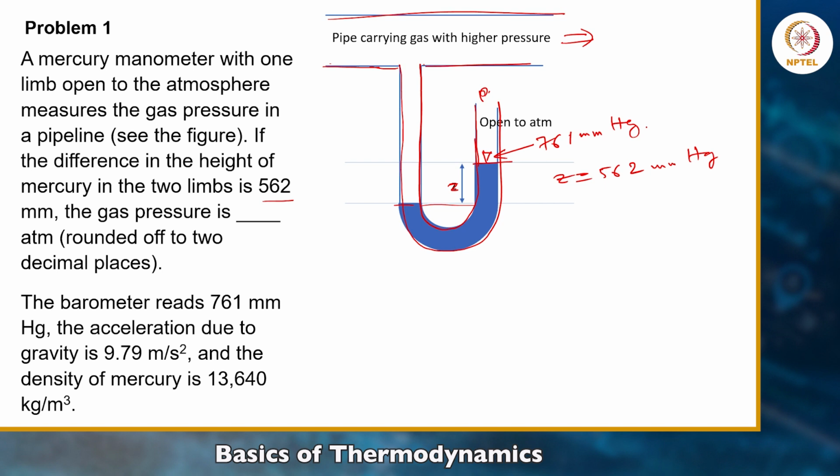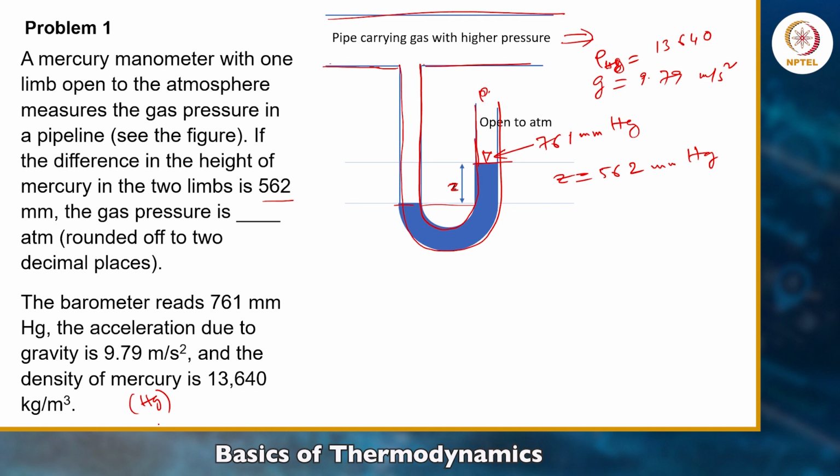And the acceleration due to gravity is given. So the g value is given 9.79. If g is not given, you should take 9.81, but here just to confuse you, it is given 9.79. And the density of mercury, rho Hg, is given 13640. Hg means mercury, this chemical symbol you can remember.